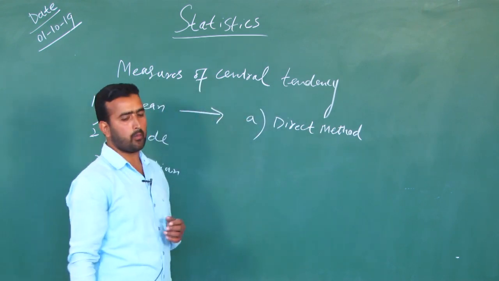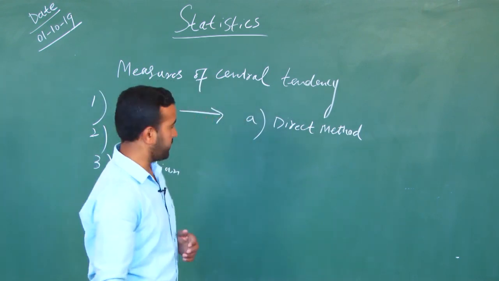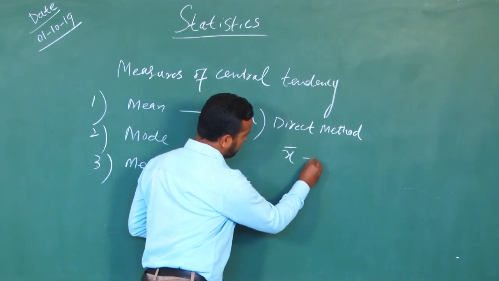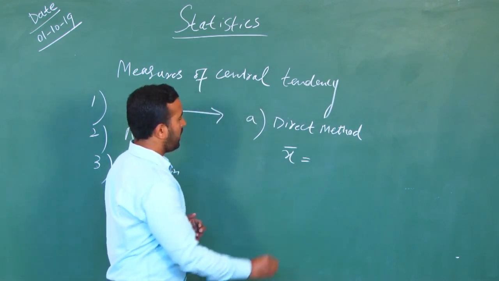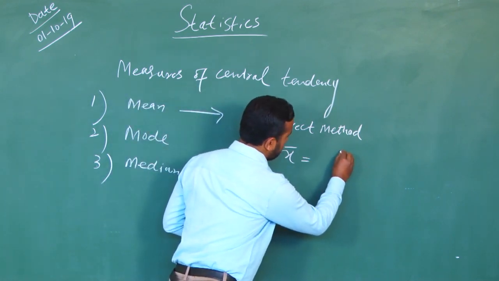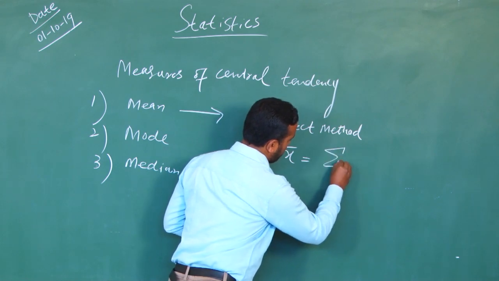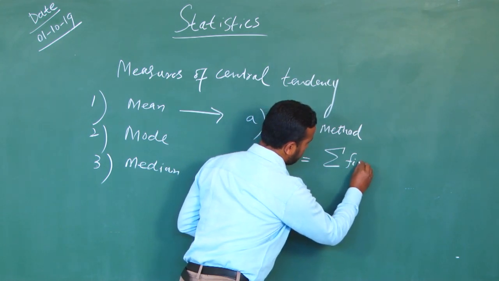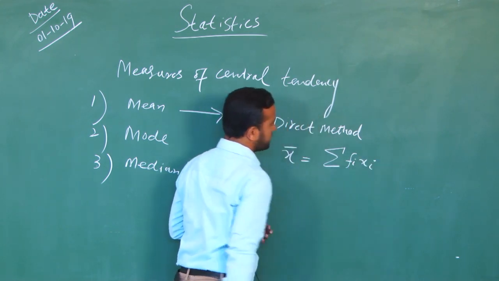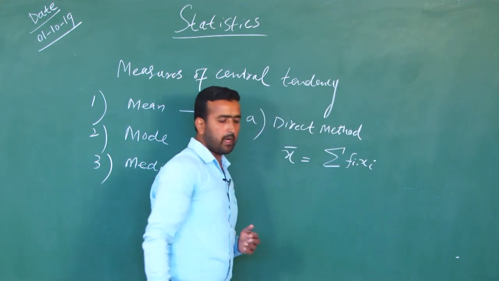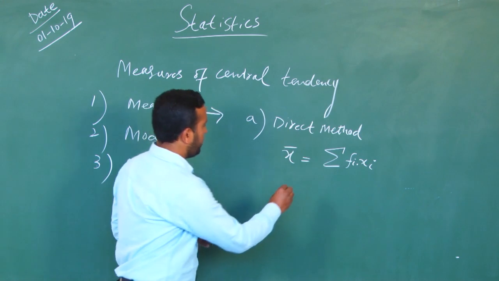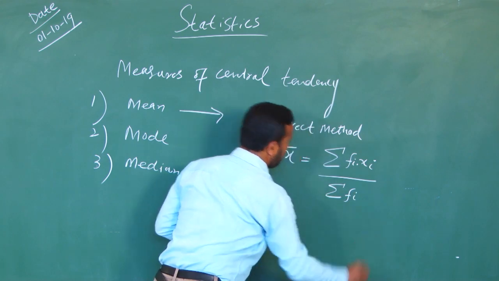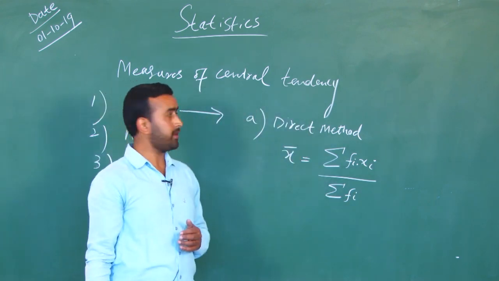The mathematical formula for the direct method is x bar, which represents the mean of the given data, equal to the sum of the products of the frequencies and the respective variables under study, that is summation fi multiplied by xi, divided by the sum total of the frequencies. This is known as the direct method.